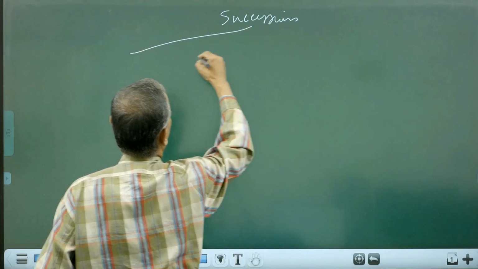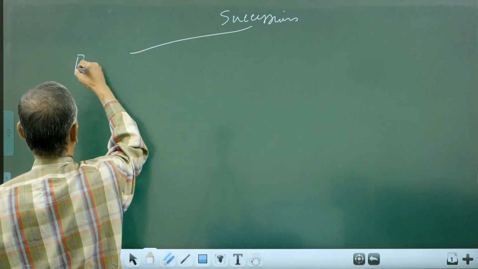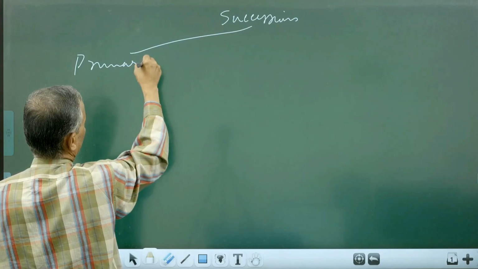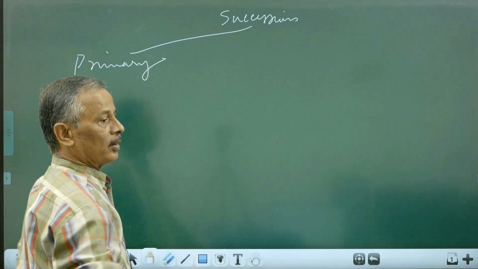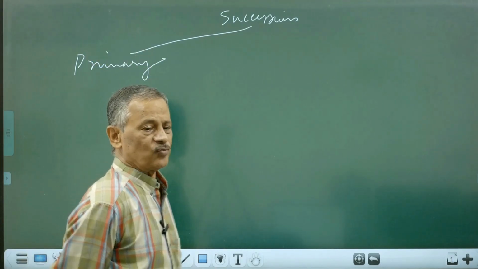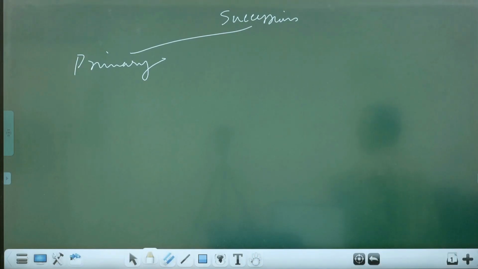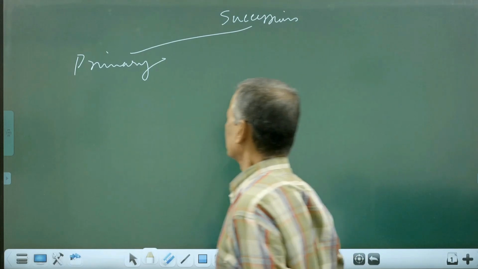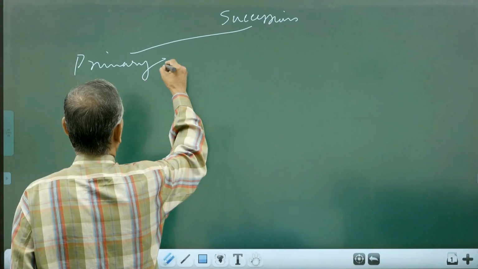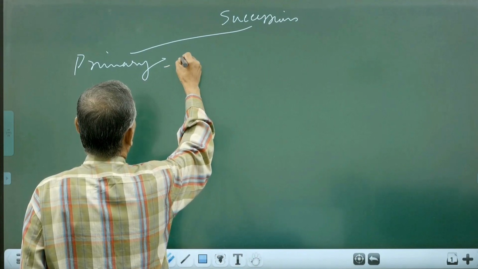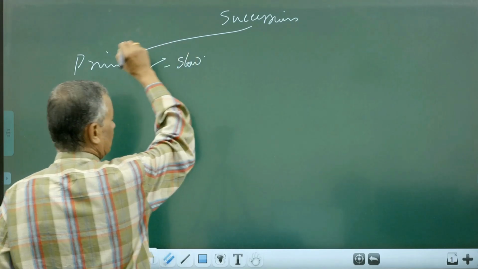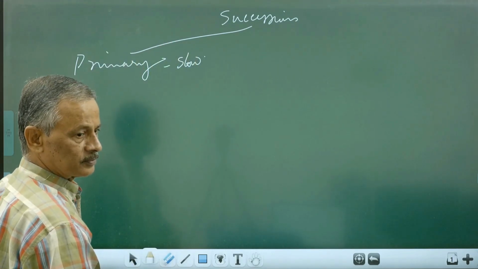One, primary succession, that is where there was no life earlier. Life is starting for the first time. This succession is called primary succession. So here it is very, very slow, taking thousands of years.